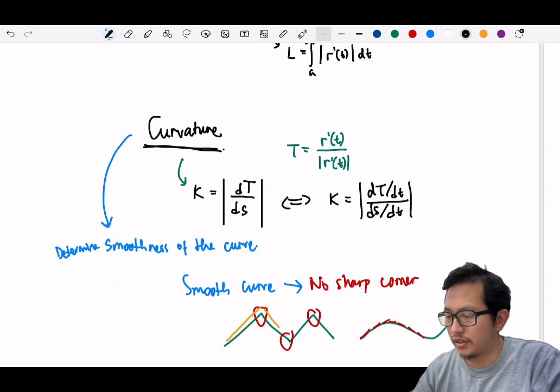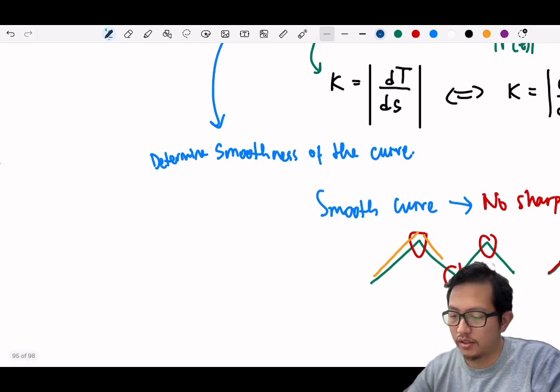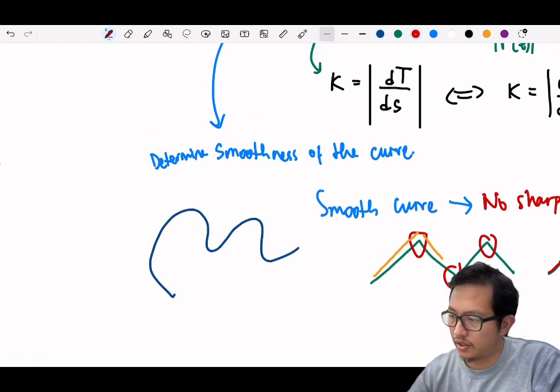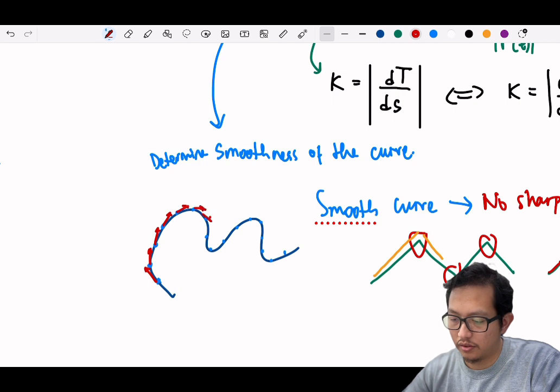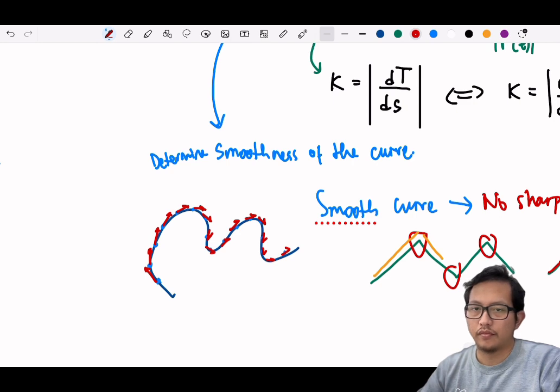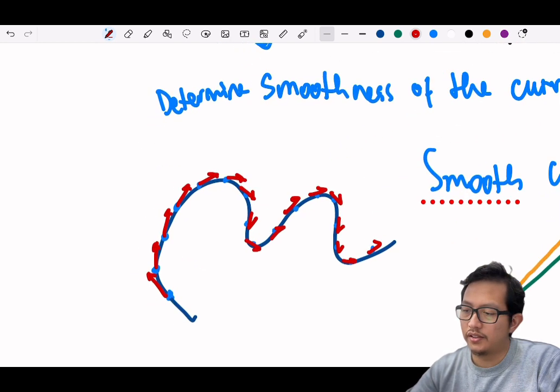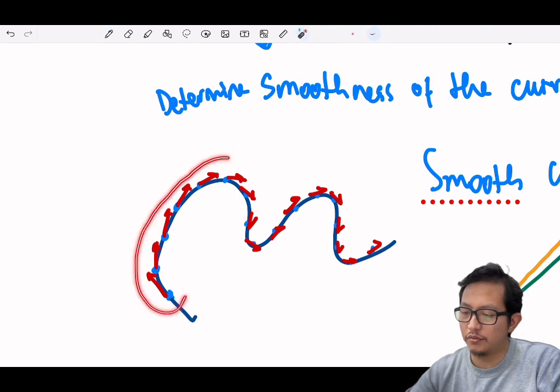Suppose that this is the curve, so we have every point here, and this is our space in between points, and this is how the tangent changes. It starts fairly straight, nothing much changes here, right?